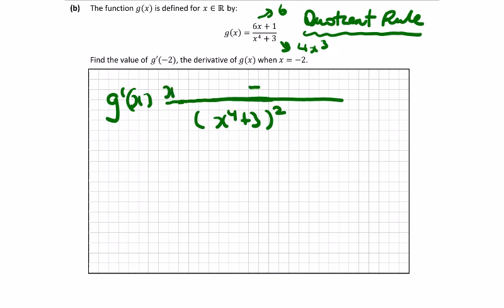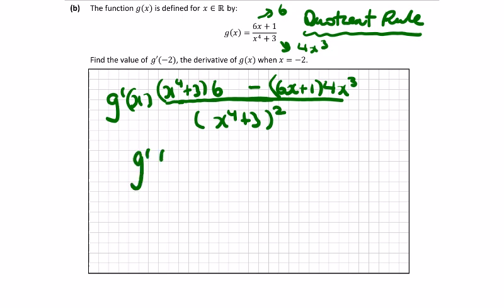So it's the bottom, x to the power 4 plus 3 by the top differentiated, minus the top, 6x plus 1, by the bottom differentiated. We're asked to find g prime minus 2, so we could sub minus 2 in now, or we could simplify it down first.